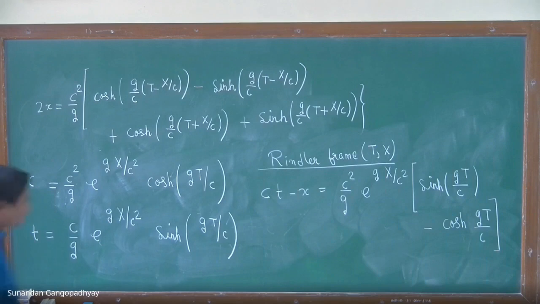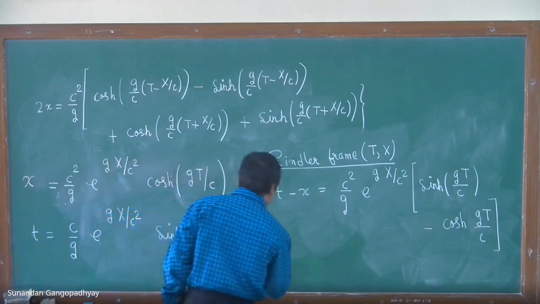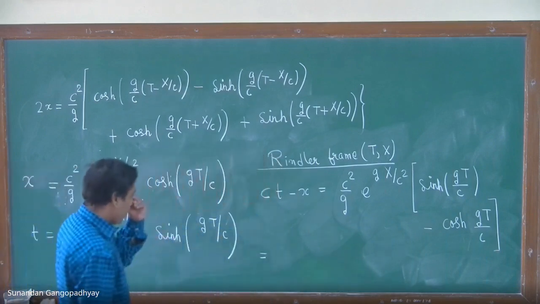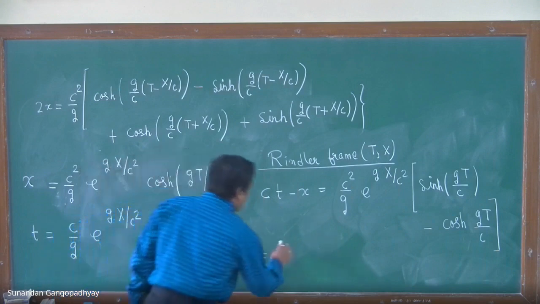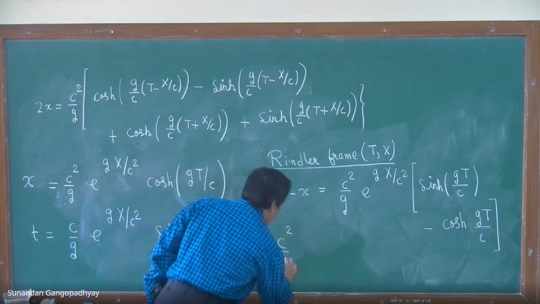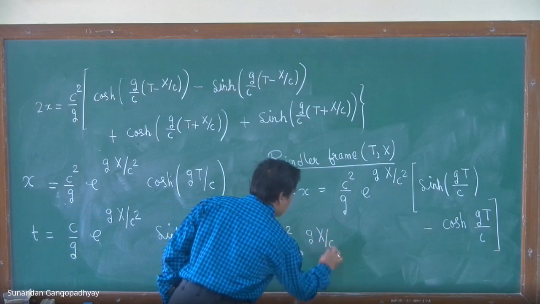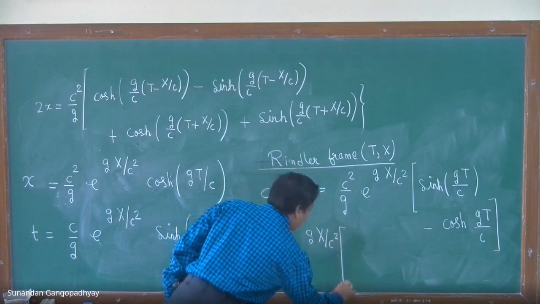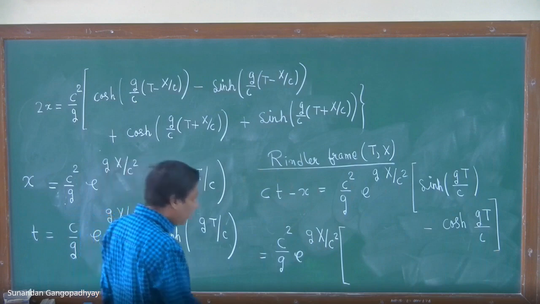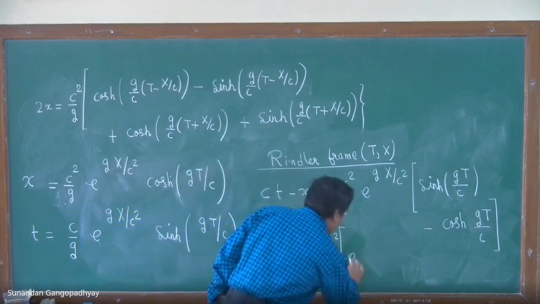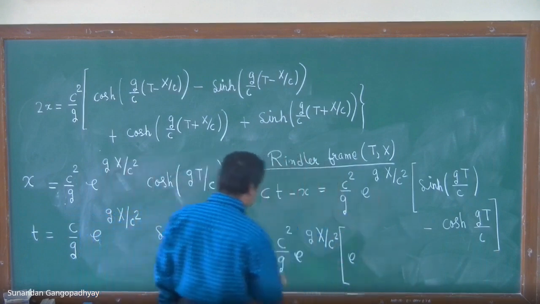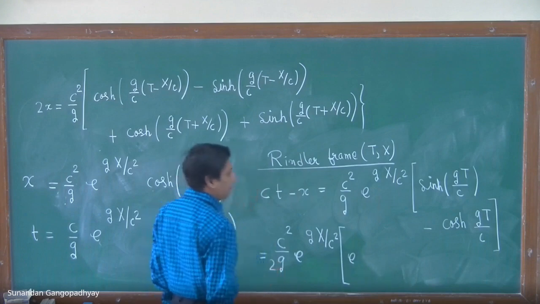Okay. So let us simplify this a little bit further. If you simplify this, it is c square by g to the power of g. This sine hyperbolic, this will be. So from there, we have a factor of 2 outside.